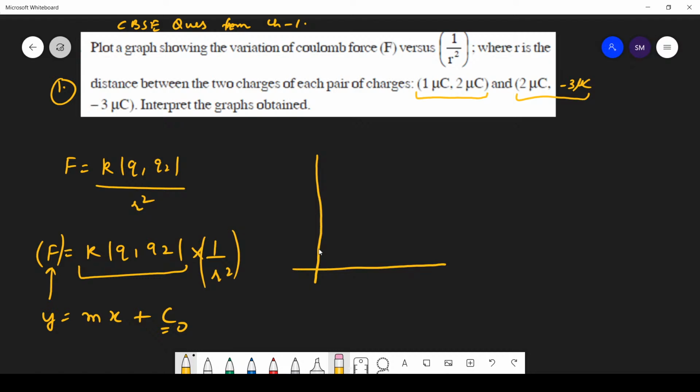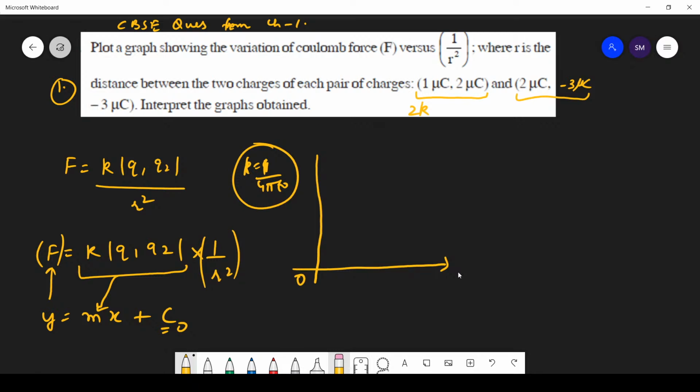So whose slope will be more? The slope of this one will be k into 1 into 2, so 2k. K is equal to 1 upon 4 pi epsilon naught, so k is Coulomb's constant. So k q1 q2 is your slope.